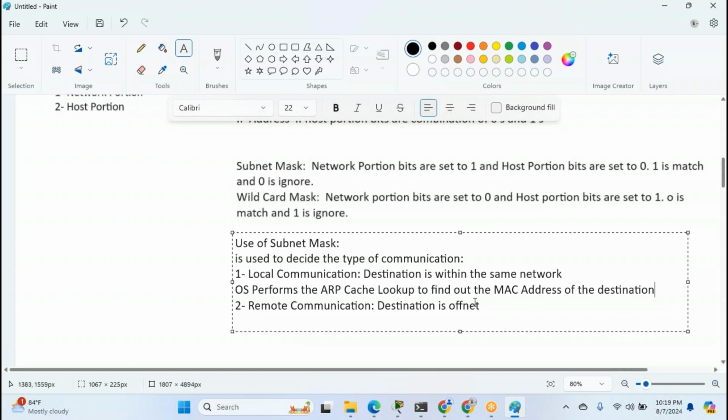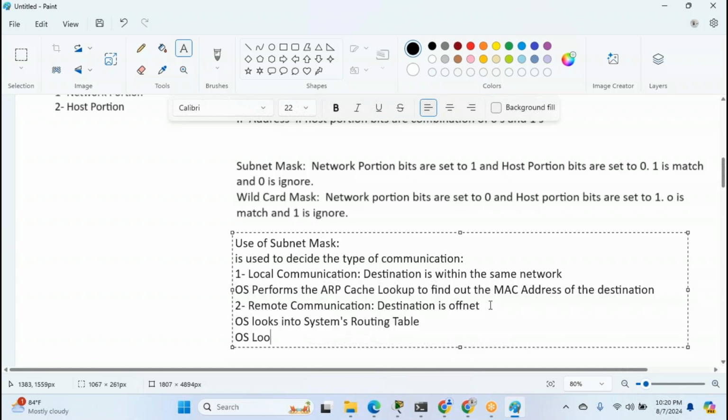The second option is that the destination is off net. The OS looks into the system's routing table. This is the first step, and after that the OS performs an ARP cache lookup to find the MAC address of the gateway.